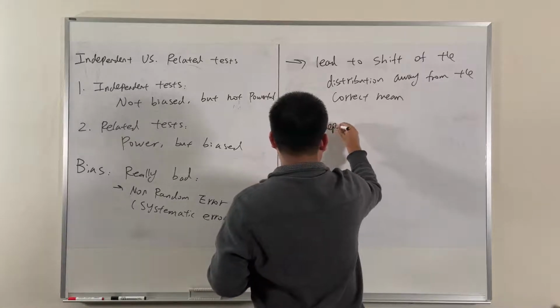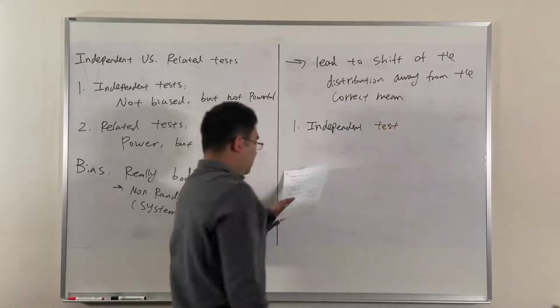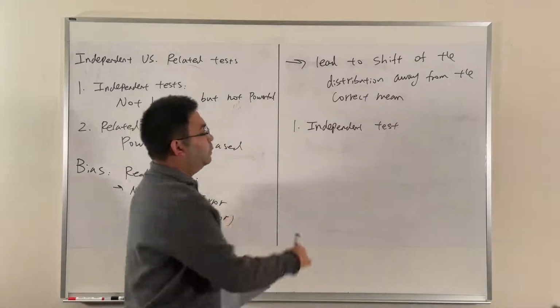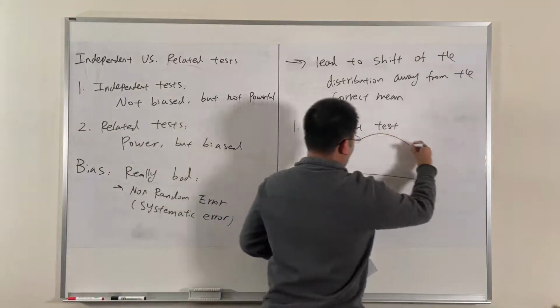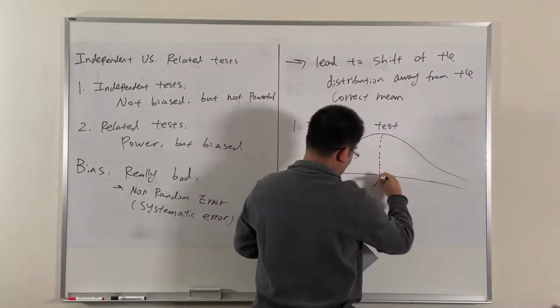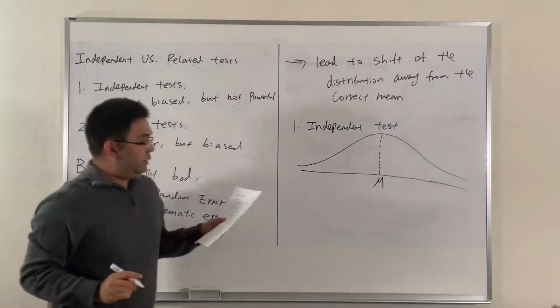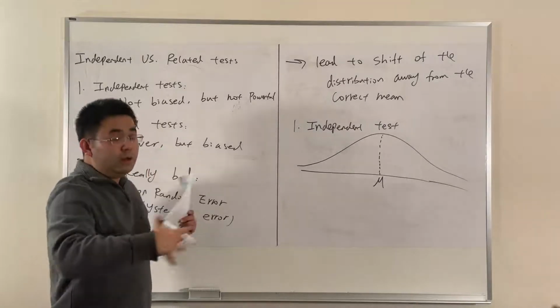For independent tests, what we had is it's not very powerful. So let's say the true mean is here. For independent tests, it's not very powerful, which means that the variance is large, right?